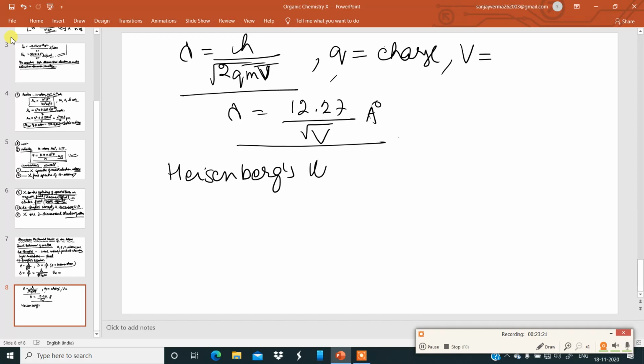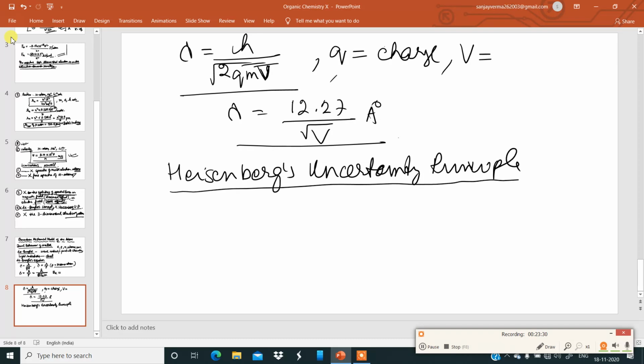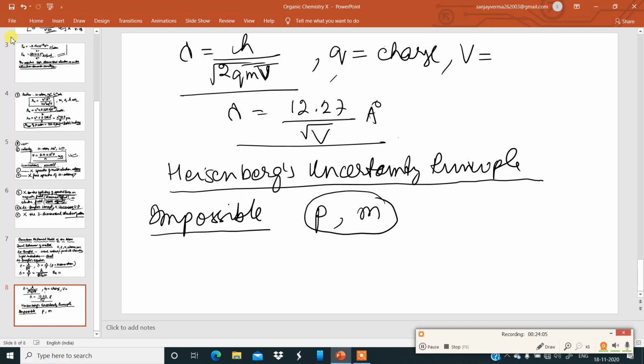According to Heisenberg's uncertainty principle, it is impossible to measure simultaneously the exact position and exact momentum of a moving particle like an electron, proton, etc. I repeat once more: it is impossible to measure the exact position and exact momentum at the same time of a moving particle like an electron.